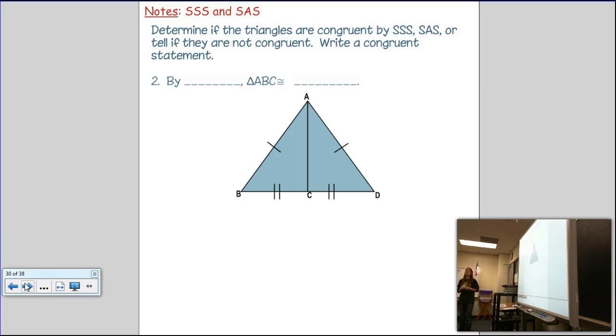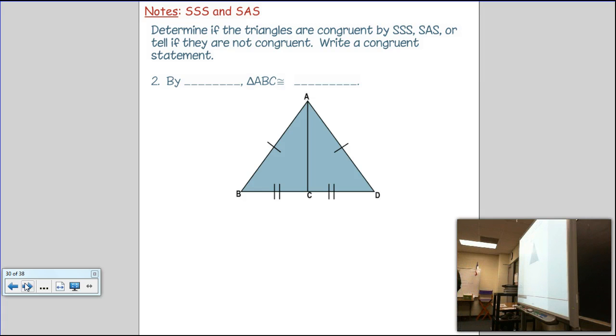Kendall, what can I add to my picture? An angle or a tick? I'd say an angle. Which angle? B or D. Why is B congruent to D? Okay, so maybe I haven't been clear on this.